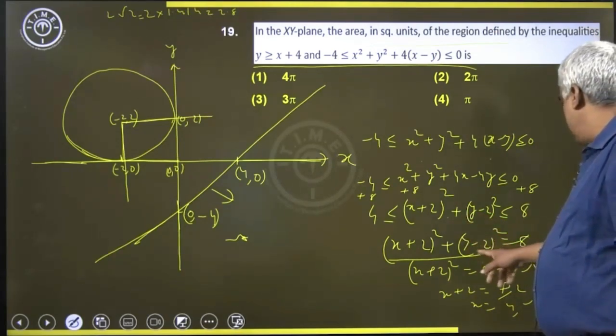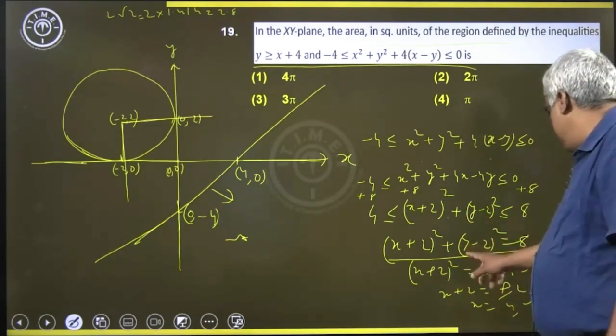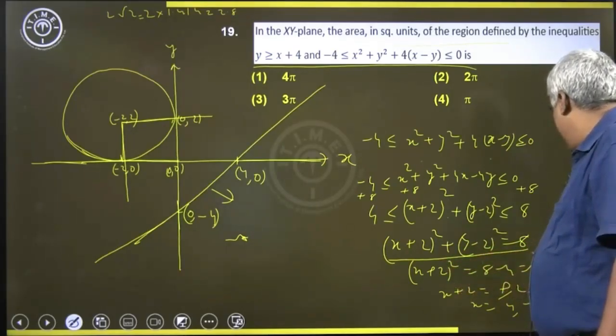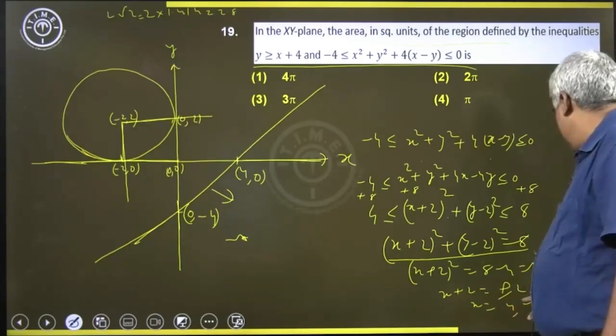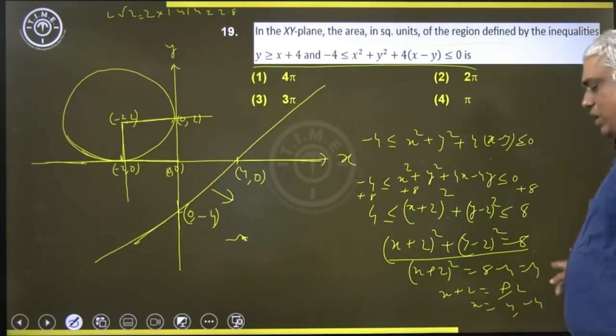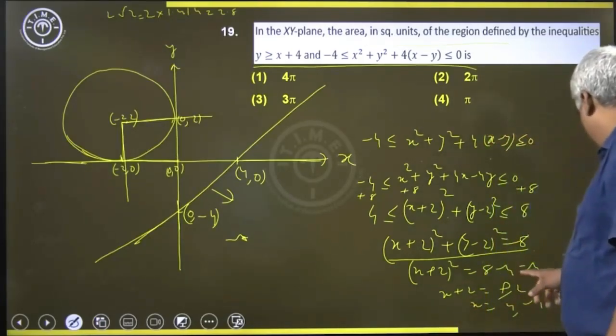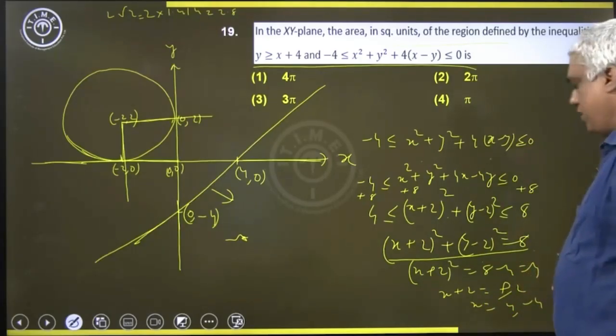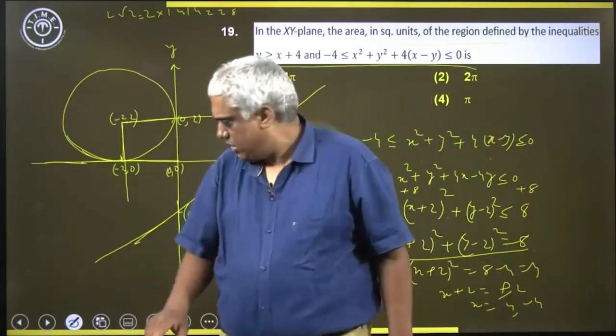So if I put y equal to 0 in this equation, then (x+2) whole squared is 8 minus 4 equals 4. So x plus 2 is coming plus or minus 2. Oh, I am making a mistake. Okay, so x plus 2 is plus or minus 2, so x will be either 0 or minus 4. I got the mistake.